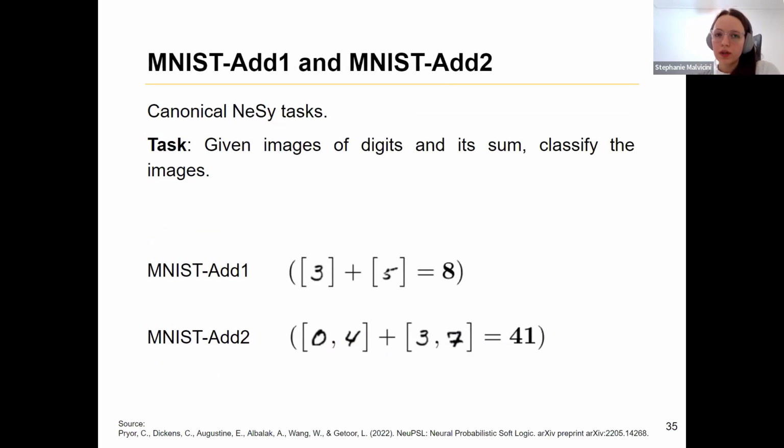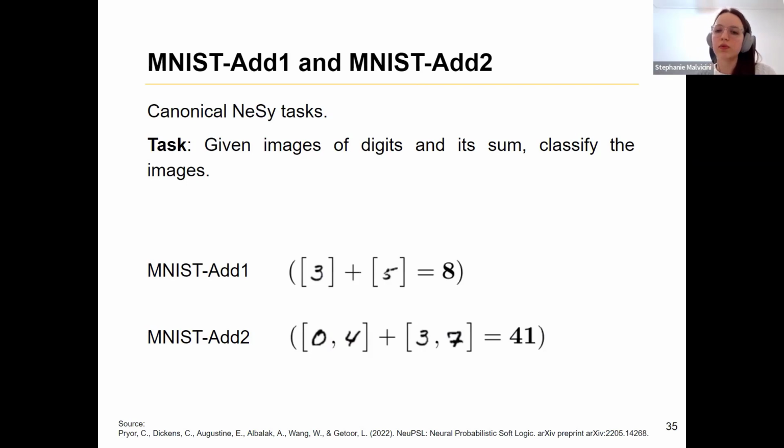So the problems the models have to solve are two canonical neurosymbolic tasks. They are pretty simple. You have as an input images of digits, and both problems are addition equations that need to be resolved.